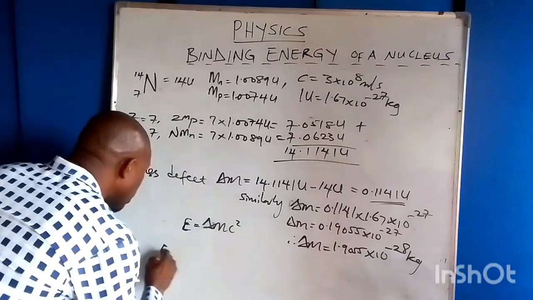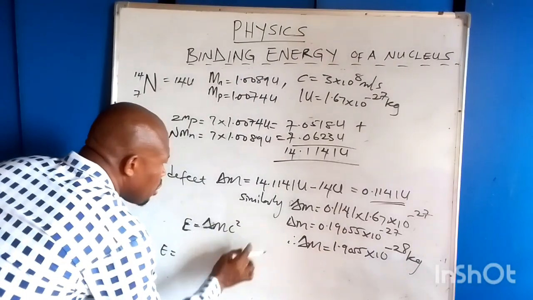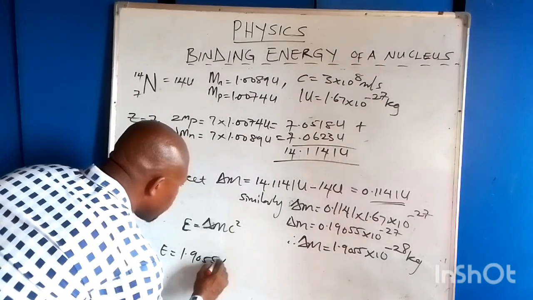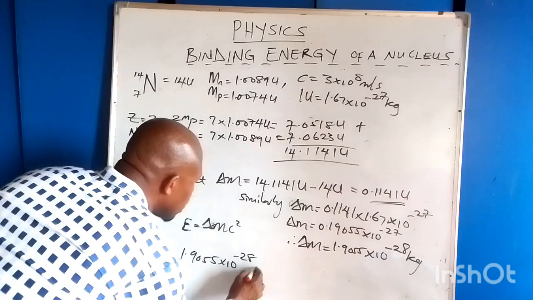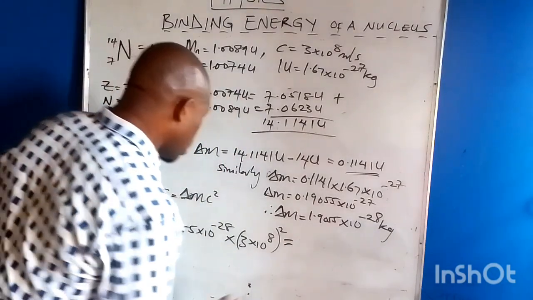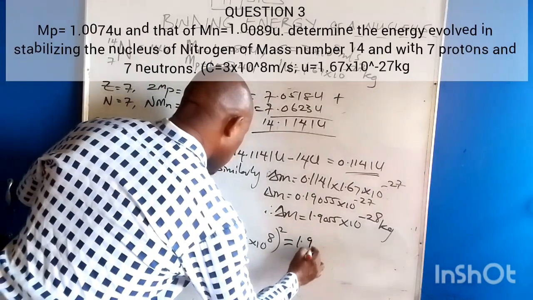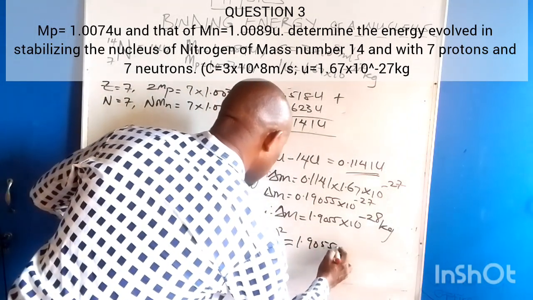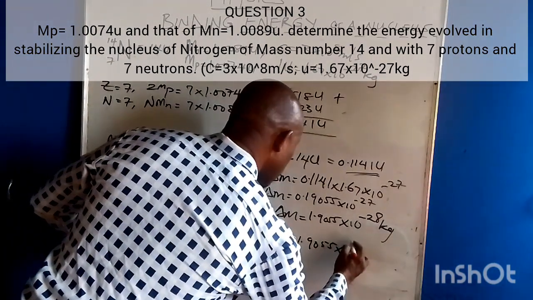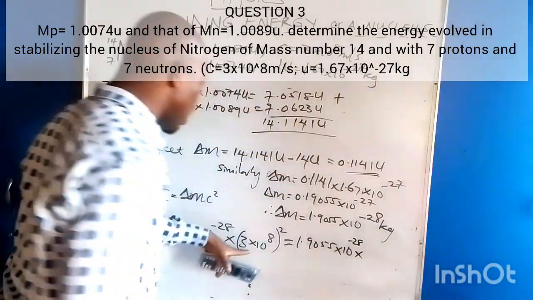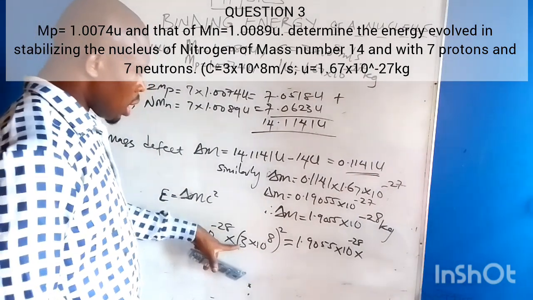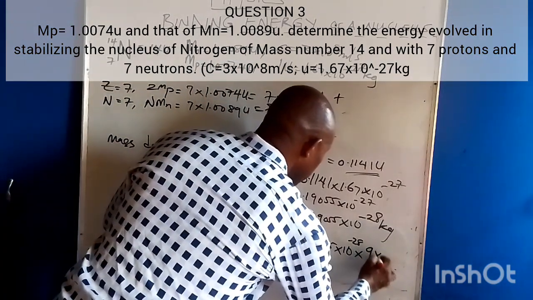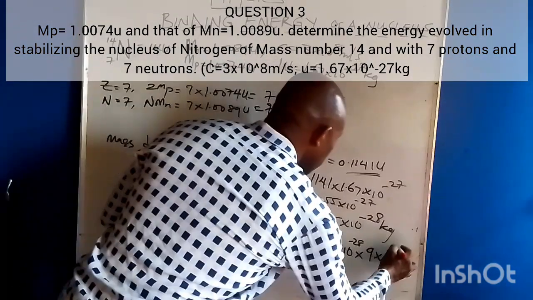So we now have that E is equal to delta m, delta m is 1.9055 times 10 raised to the power minus 28, multiplied by c squared. Now from the law of indices, we square this and multiply this one by 2. If we square this, we now have 9 times 10 raised to the power 16.